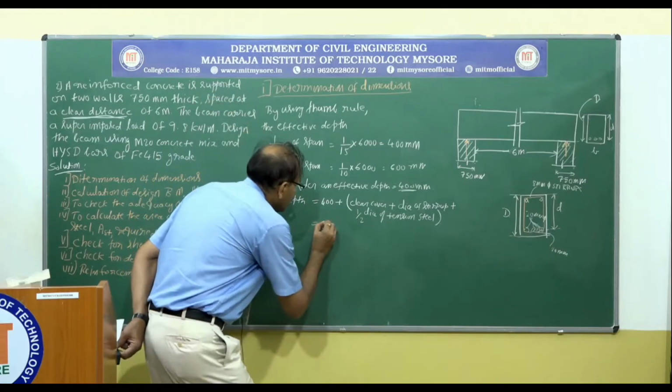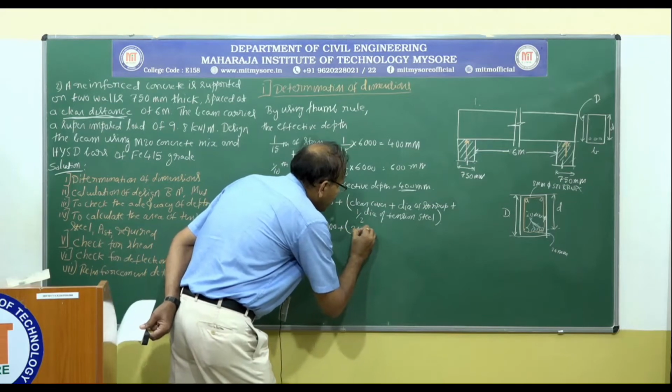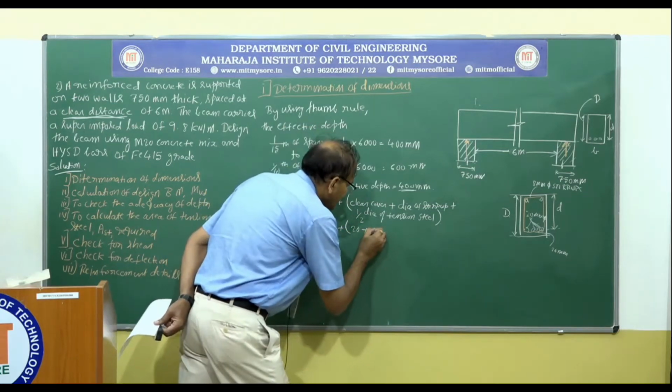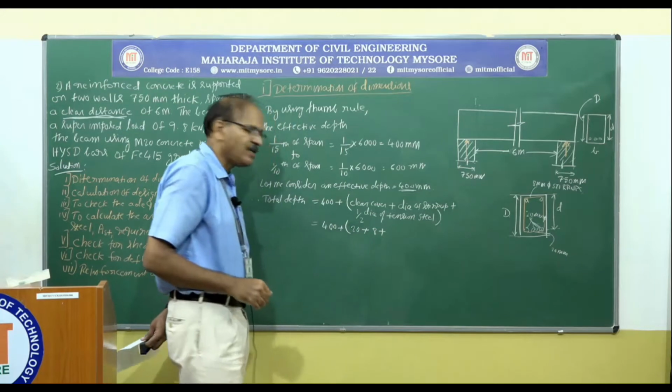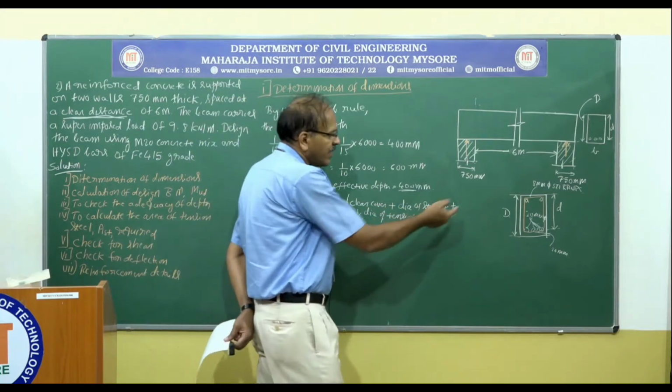That is equal to 400 plus clear cover, which is 20 mm, plus dia of stirrups, which is 8 because we are using 8 mm dia stirrups, and half the diameter of tension steel.